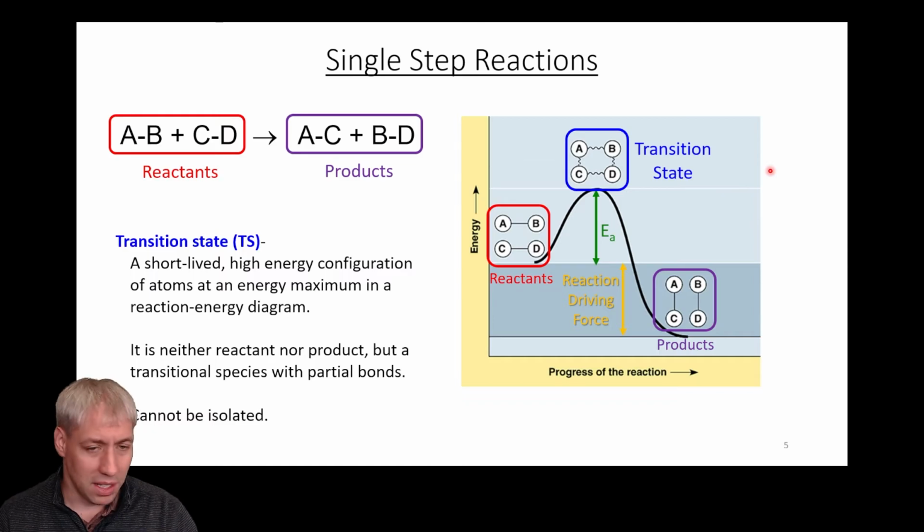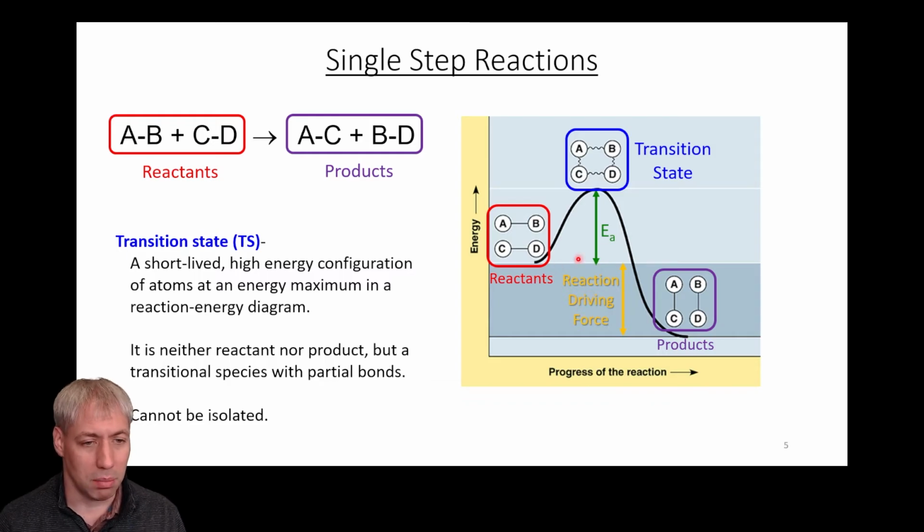When we're talking about mechanisms, we're going to introduce something new, which is known as the transition state. Basically, you have reactants that have a very particular identity, a particular connectivity, and you have products, the same thing, identity, connectivity. You can isolate these, you can characterize them by things like NMR and mass spec. But between reactants and products, something has to happen, right?